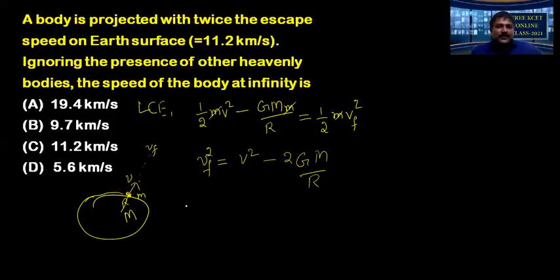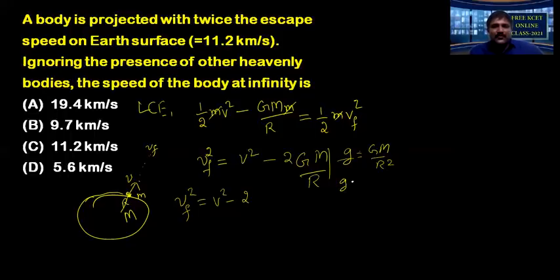Now I want vf square, so I have to simplify. One step I'll continue: v square minus 2GM upon r. What is this GM? We know that g equals GM by r square on the surface, the acceleration due to gravity in connection with the gravitational constant capital G. We can use this in many situations, because substituting the gravitational constant and mass of that planet or Earth and taking the product is a little bit difficult.